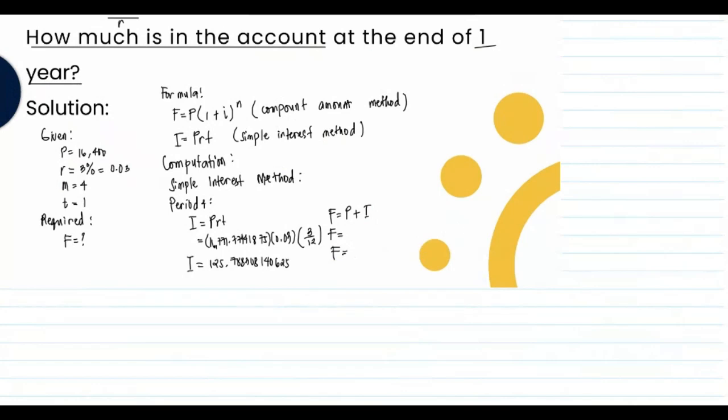our compound amount because we are just going to end up until period 4 since it's just going to be compounded 4 times in a year. So it's going to be now 16,771.77441875 plus 125.788308140625.